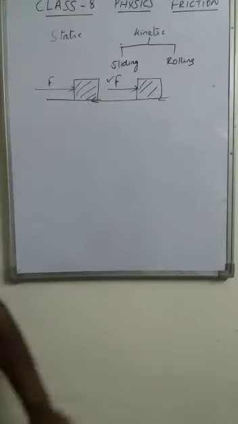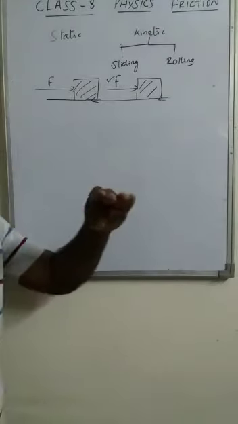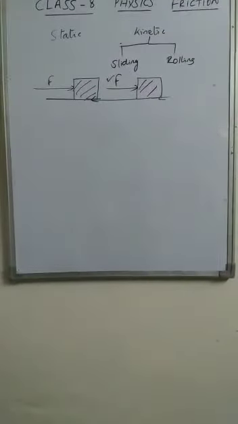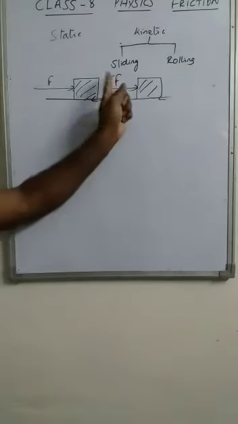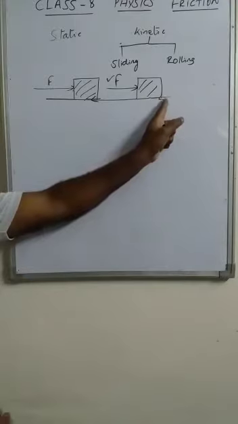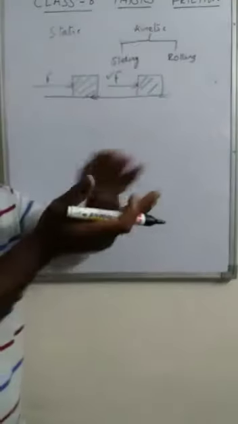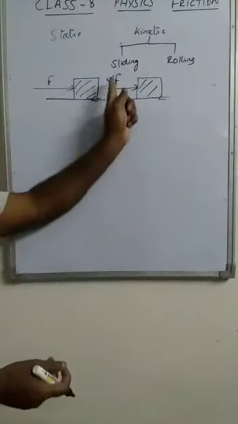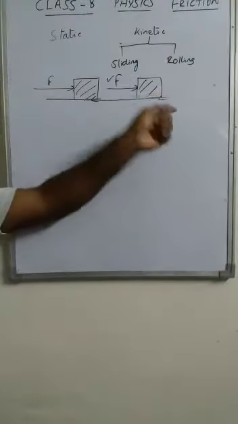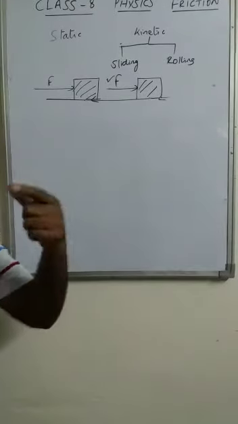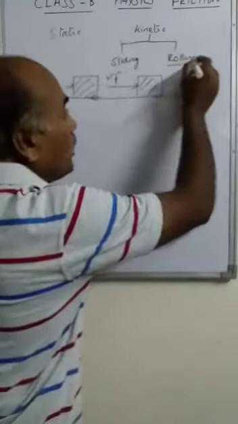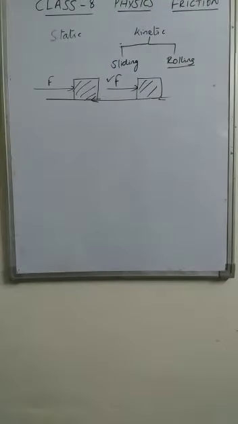If friction is smaller, then the force applied is less. That's why we say rolling friction is least.